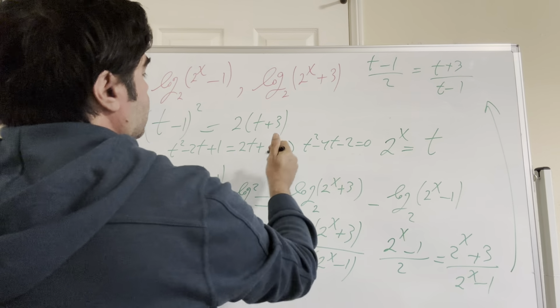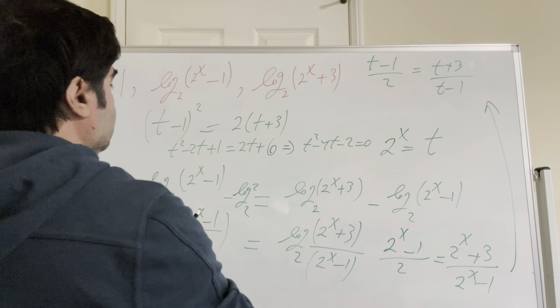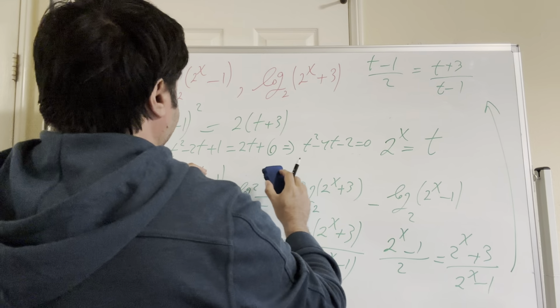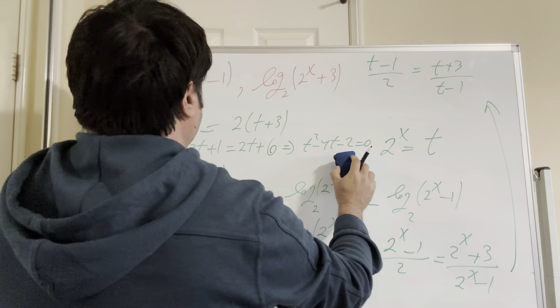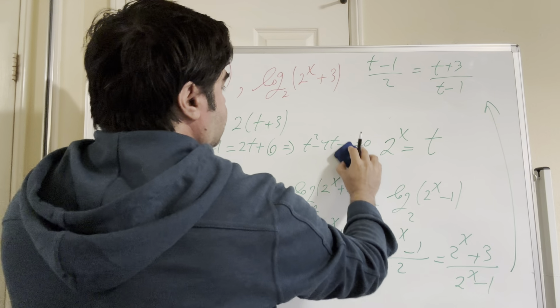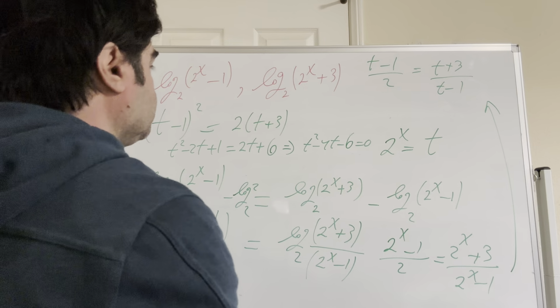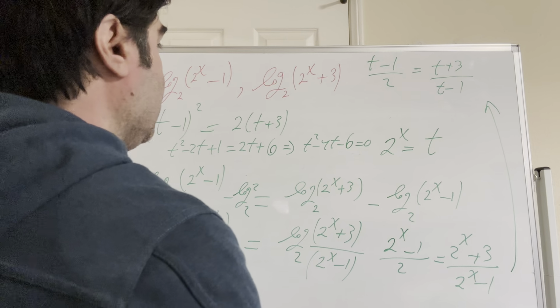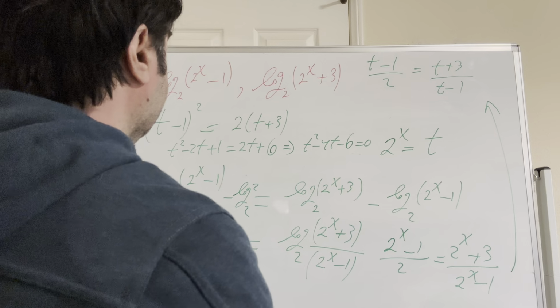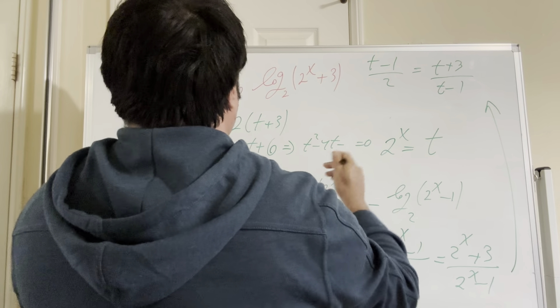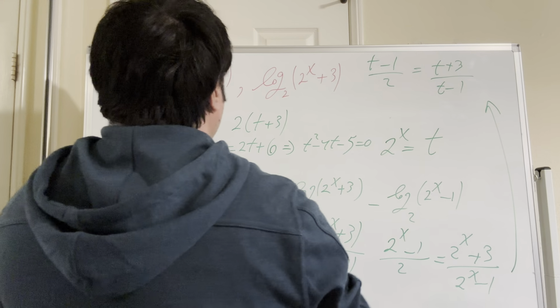This is actually 2 times 3 is 6. So this becomes negative 4, and this becomes negative 6. And negative 6 with 1 is actually negative 5. Sorry guys. This is going to be negative 5.